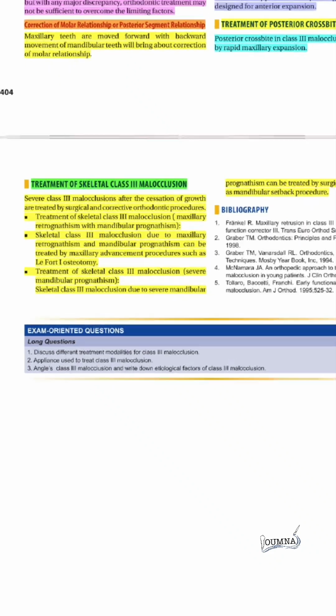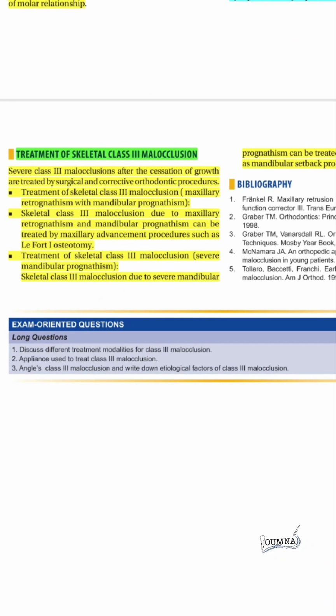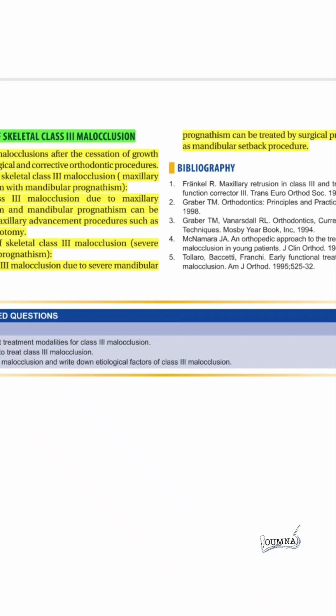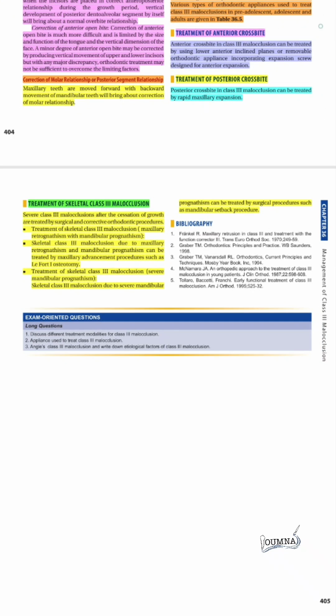When we have a severe skeletal class 3 malocclusion, we tend to go for the surgical approach, where if we have both mandibular prognathism and maxillary retrognathism, we use the Le Fort 1 osteotomy correction approach. That's it.